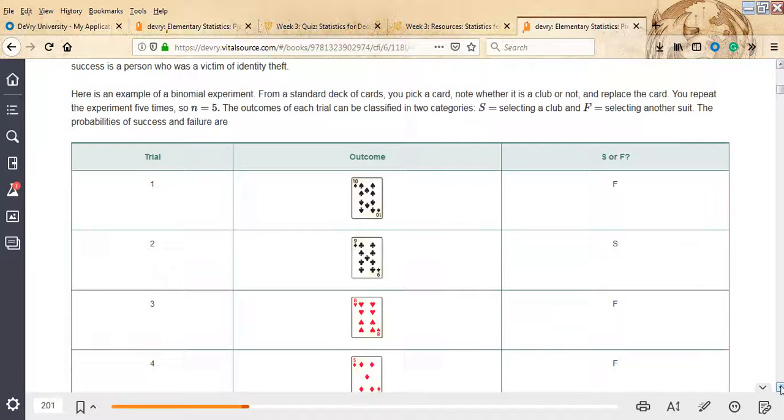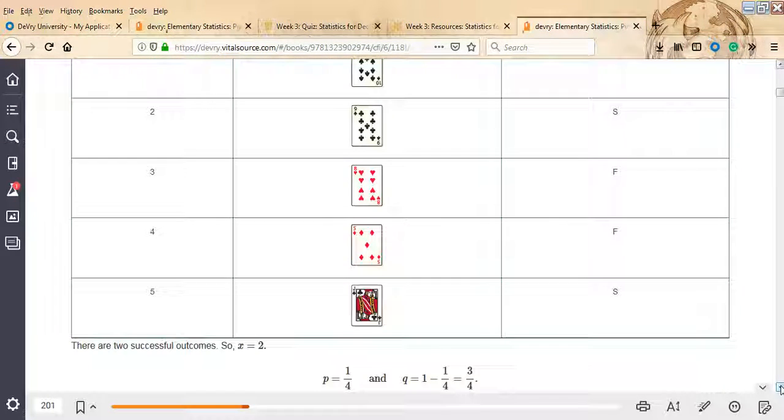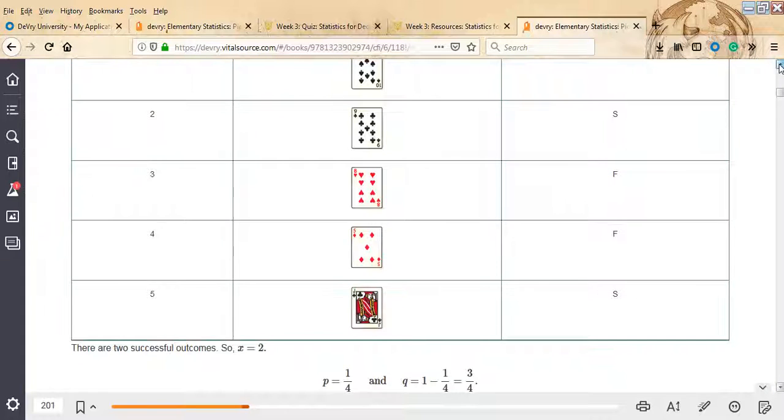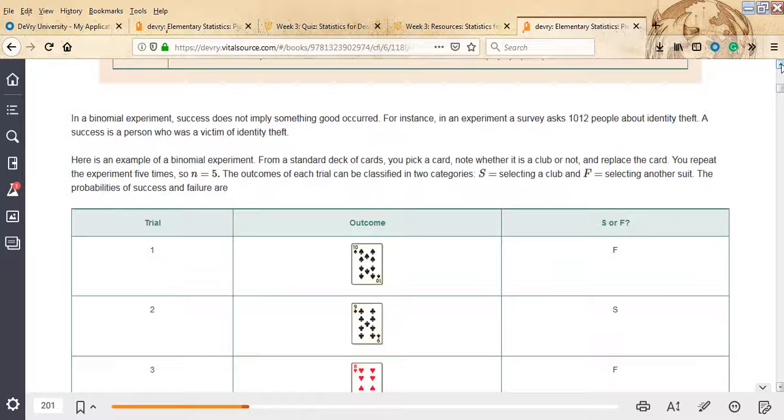So they give you this card example, and again, think about what is the n here? Well, the n is 5, only because the experiment designer chose to pull 5 cards. No real rhyme or reason to that. I think in this particular case, they're looking for clubs, if I remember.